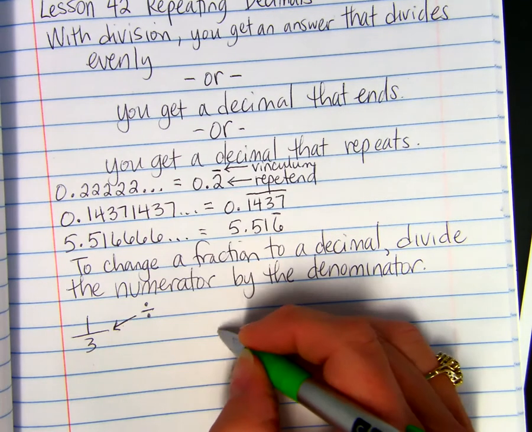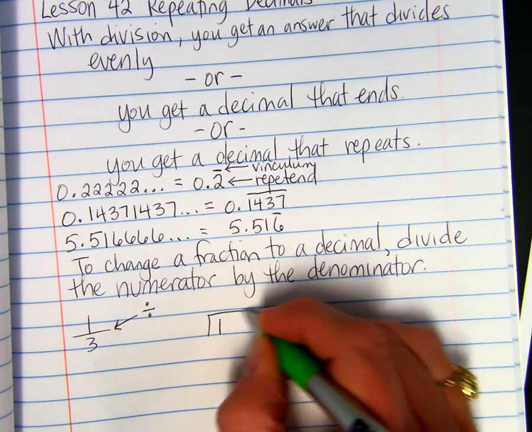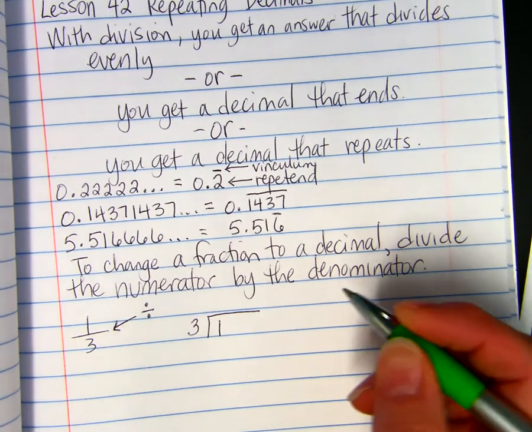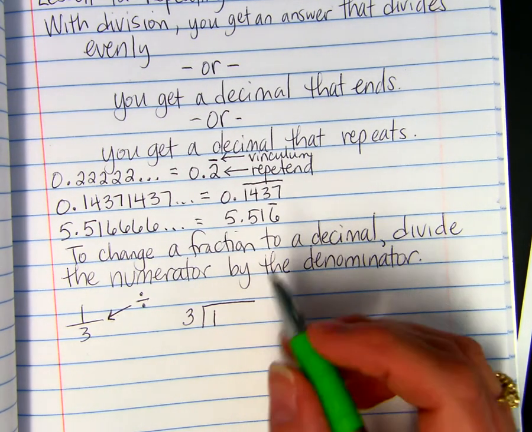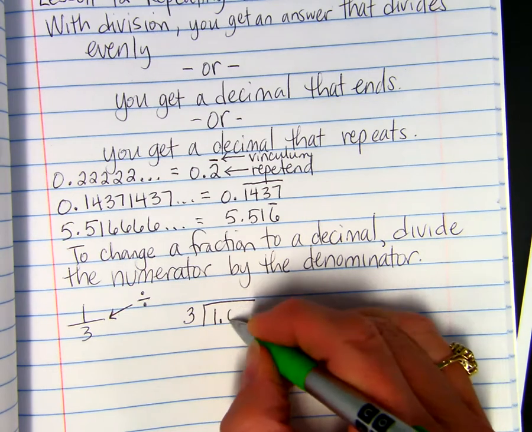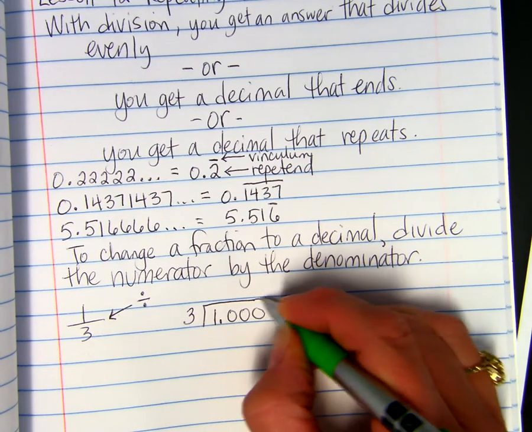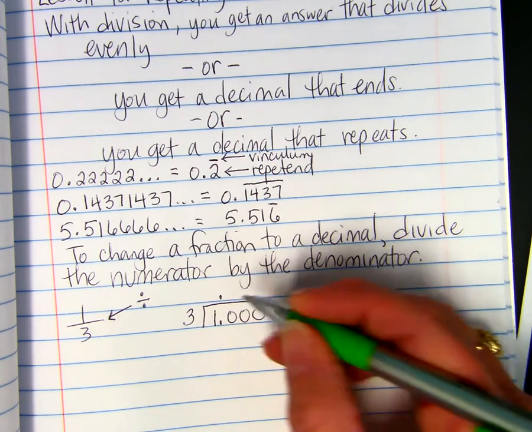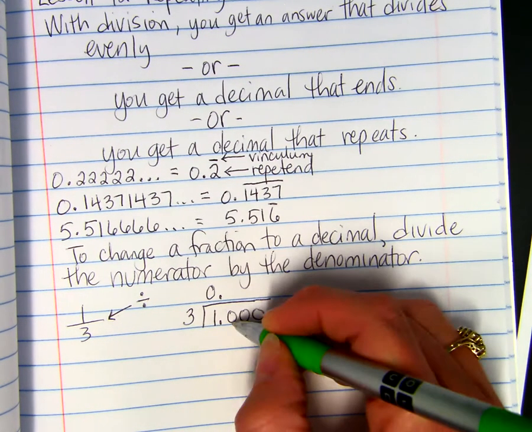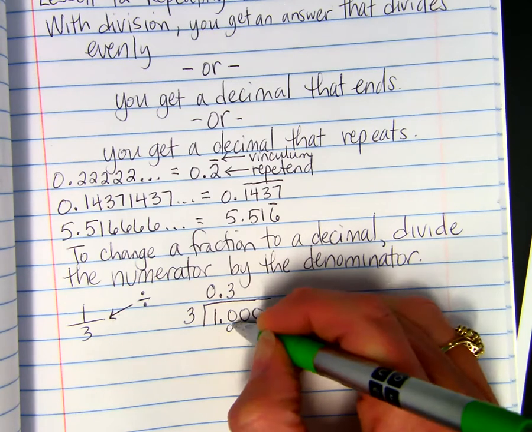So 1 divided by 3, so 3 goes by the box. And what you do on 1, there's not a decimal point, so you just put 1 at the end, add some zeros, bring up your decimal. 3 doesn't go into 1, it goes into 10 3 times.